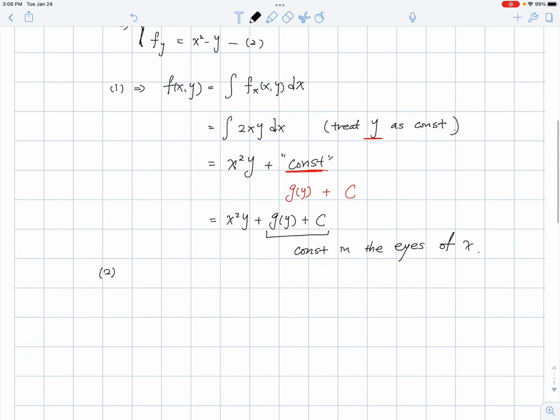Okay, all right. So now we're going to use this to compute what ∂f/∂y would look like. So here ∂f/∂y becomes x squared because y goes away, plus g prime of y, and then the constant goes away, becomes 0.